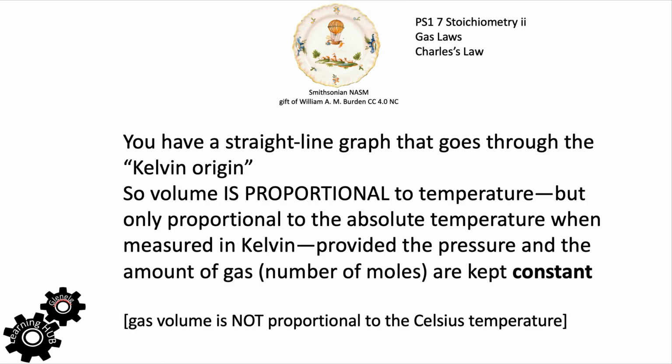So for the Kelvin origin, where your extended line goes through the x-axis, you now have a direct proportionality between volume and temperature, provided the pressure and amount of gas, number of moles, are kept constant. So the extended temperature scale 0, you have proportionality, and at the bottom here it says gas volume is not proportional to Celsius temperature.